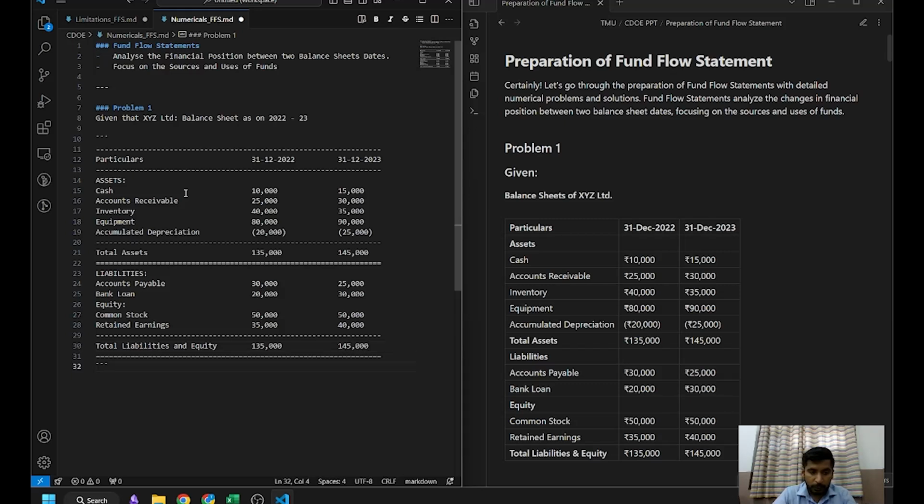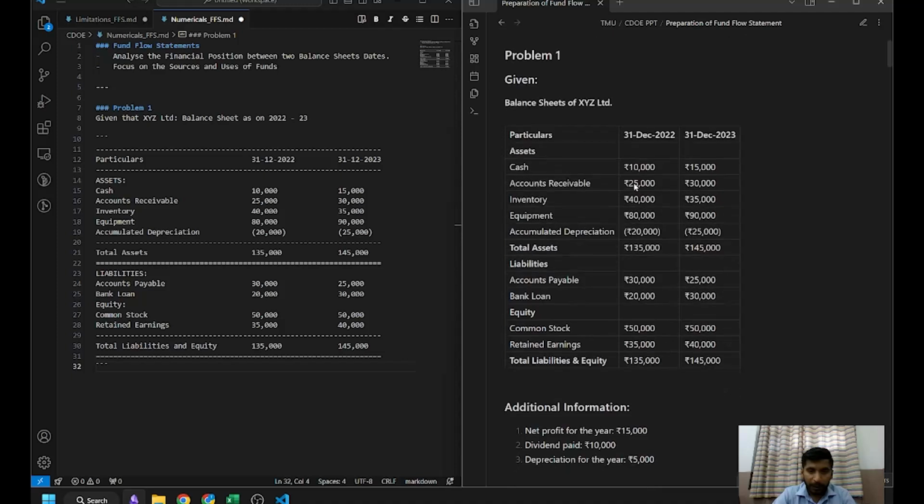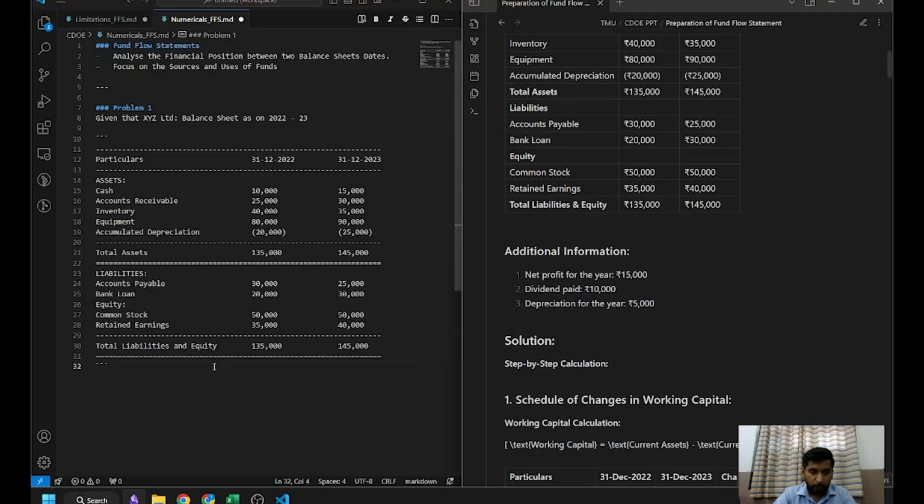So this all was given in the question. What else is given? Some additional information is also given to us. That is, net profit for the year is rupees 15,000.